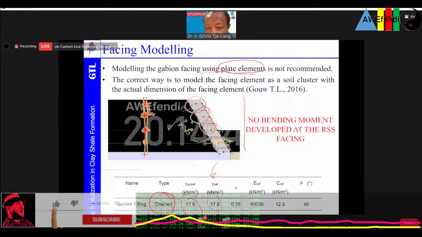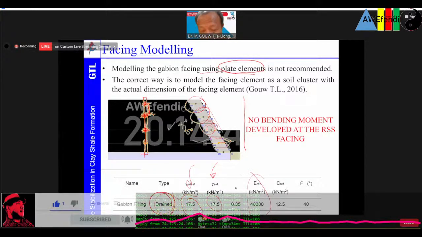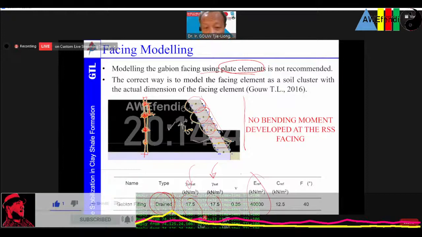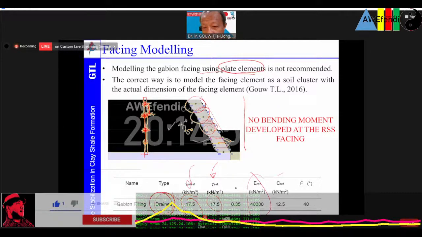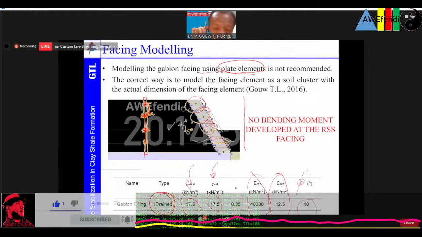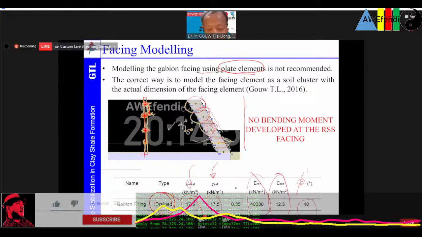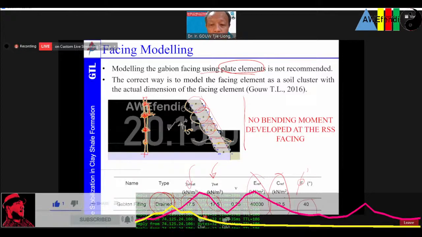This is the overall stiffness of the gabion we assume, and the C value is here, and this is the phi value. We assume 40 degrees. Why did we take the C value? Because it's a gabion, tied up and reinforced with wire, so we assume there is a C there.